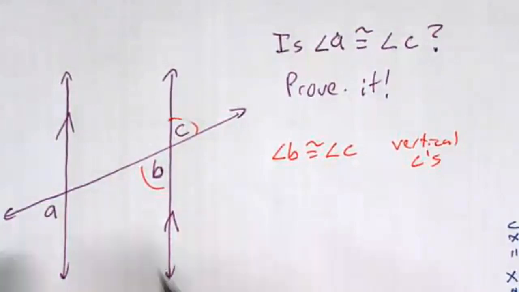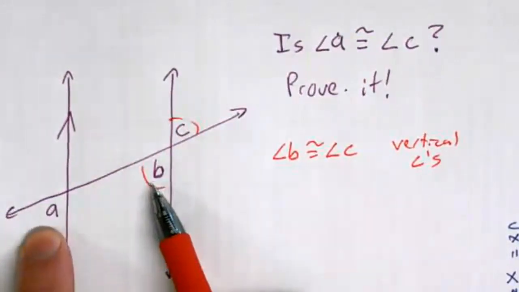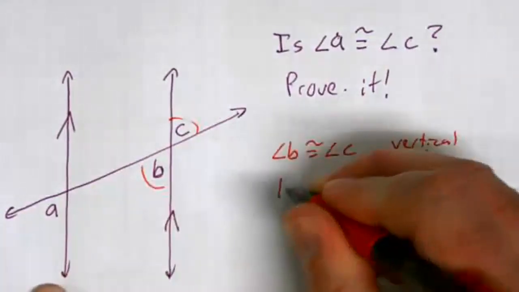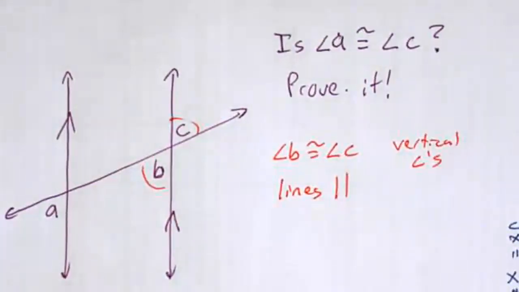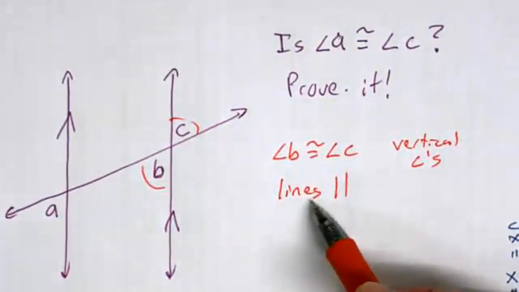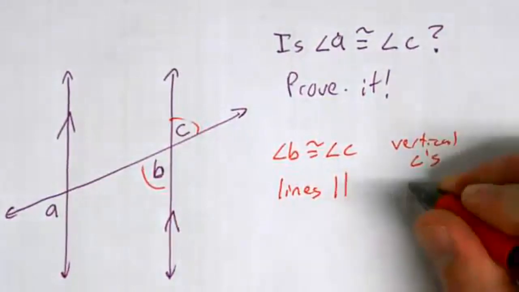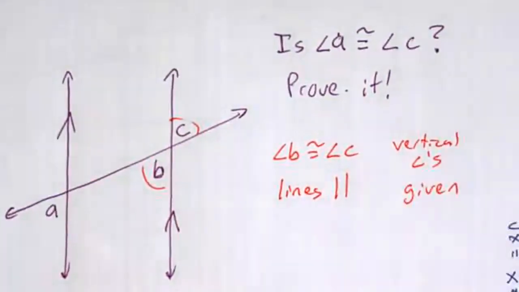And then the other piece that most of you are seeing is the corresponding angles, right? Now, corresponding angles are great, but they are only congruent if the lines are parallel. So we would have to say that the lines are parallel first. Otherwise, corresponding angles doesn't mean anything. My reason for that would be given, because it's in the picture. Given means it was information provided to me as part of the problem.